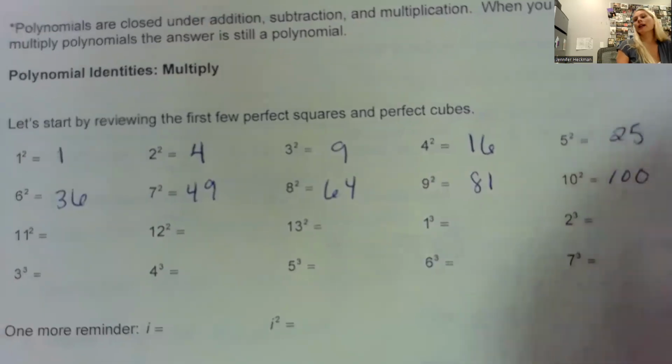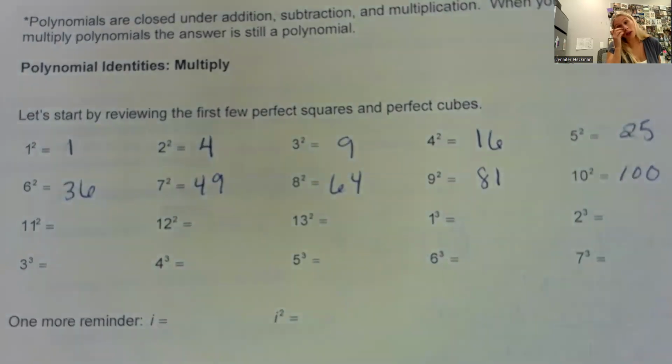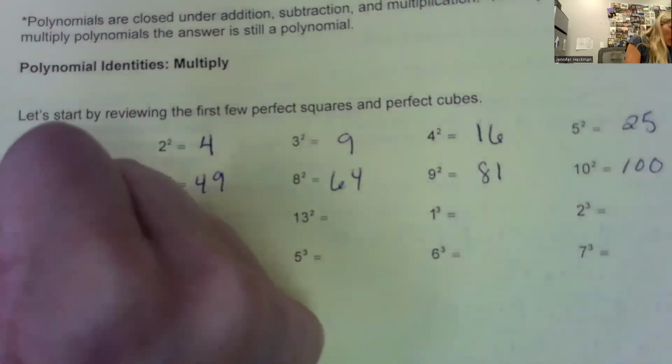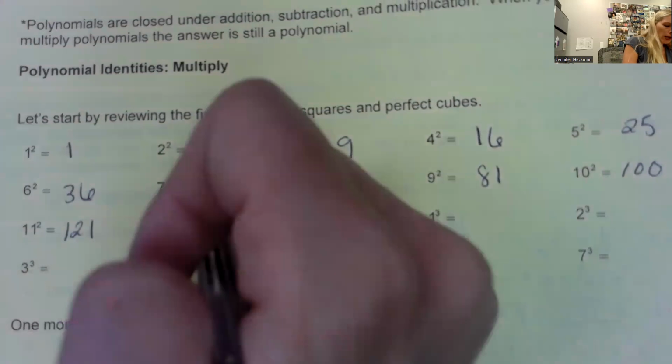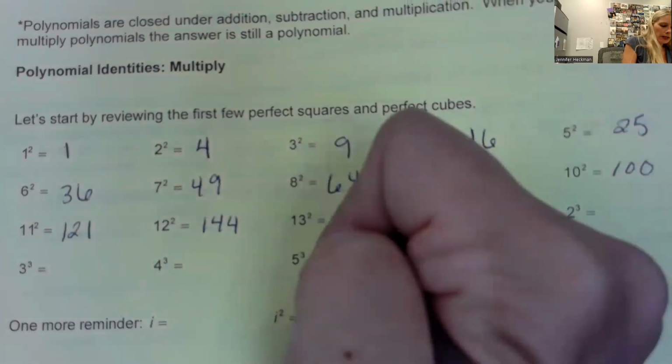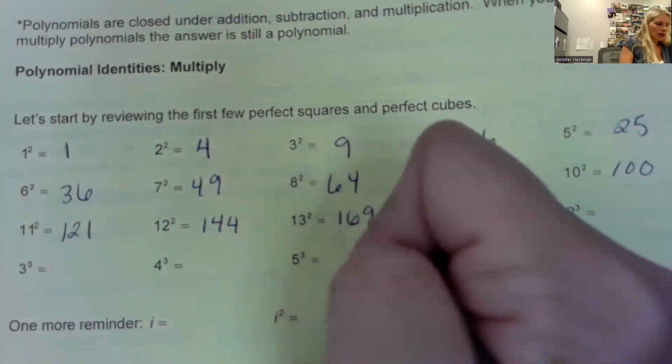Now, some of you might not know these by heart. You can always use your calculator. 11 squared is 121. 12 squared is 144. 13 squared is 169.